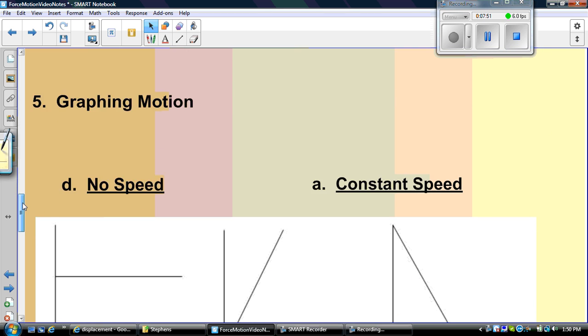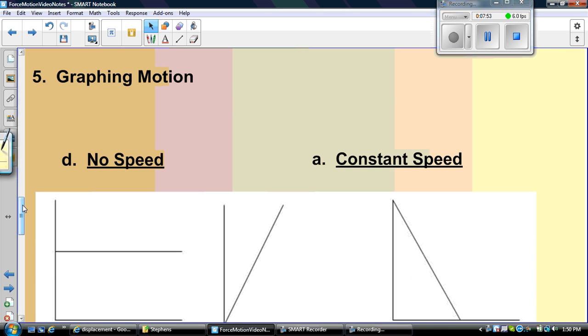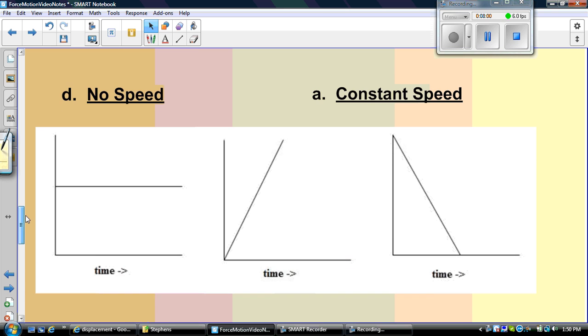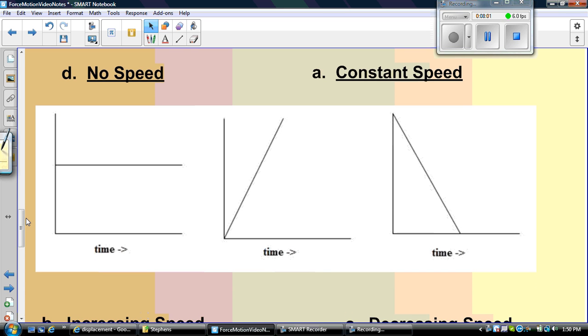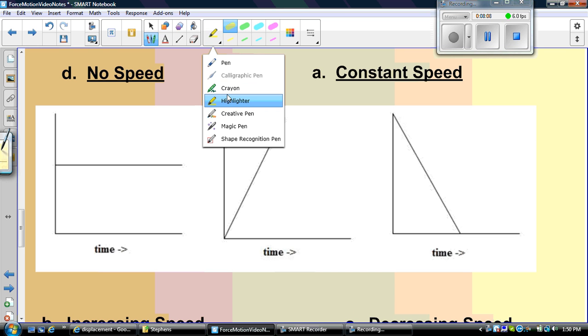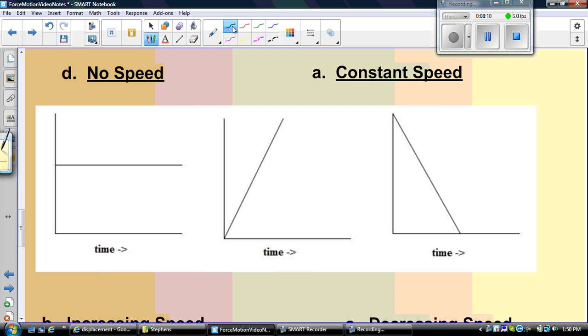Okay, now we're going to do a lab with graphing motion, but I wanted to go over what you will start to see when you start graphing motion. When we look at our speed graphs, because speed is distance divided by time, we always have a certain way that we label our graphs.